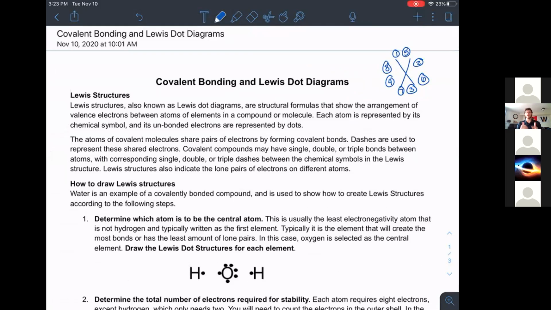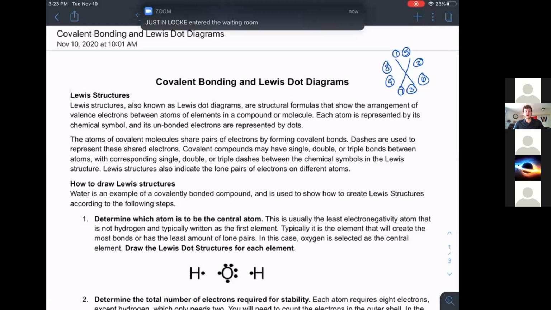I know you guys have already gone through a little bit of this drawing from last week, so I don't want to go into too much detail about the fact that there are single bonds, double bonds, and triple bonds. That means you can have one dash, which represents two shared electrons between the two atoms. Two dashes are two bonds between the two atoms, representing four shared electrons, or three dashes, or three bonds, representing six shared electrons between those two elements.